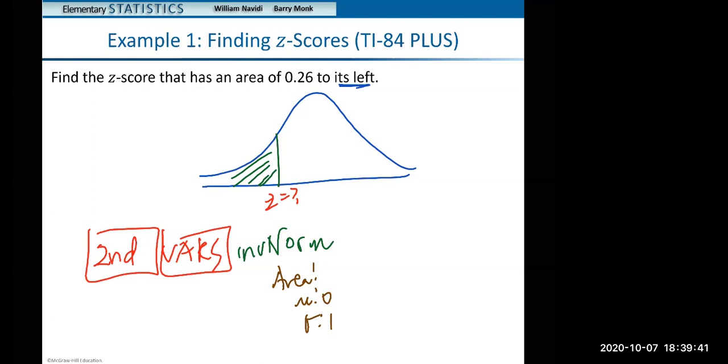Think about this and remember this: the area to enter here is always the area to its left. Since the area is already to its left, which is 0.26, you enter 0.26 here. Or if you're using a TI-83, you will use open parenthesis 0.26, 0, 1, enter, and you will get the answer. So try that.